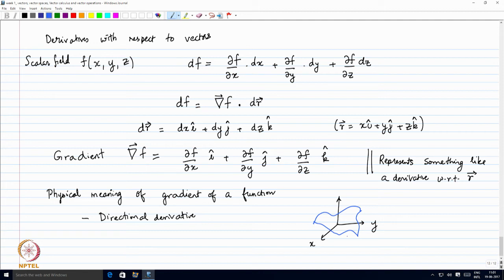Now, you can change x y in different directions, you can change x y along this direction, along this direction, along different directions, and you can define something called a directional derivative. So, directional derivative represents the derivative of a function along some direction.